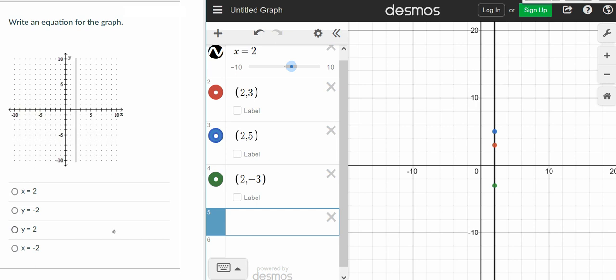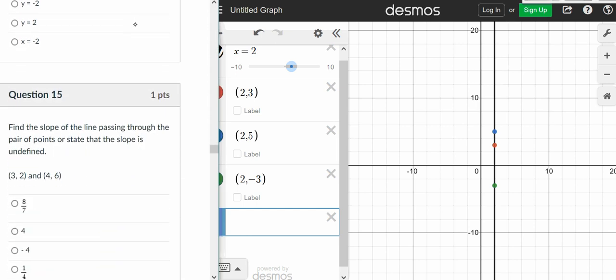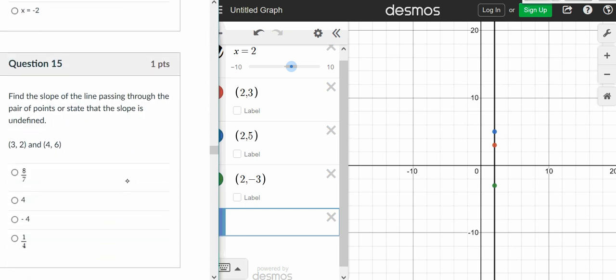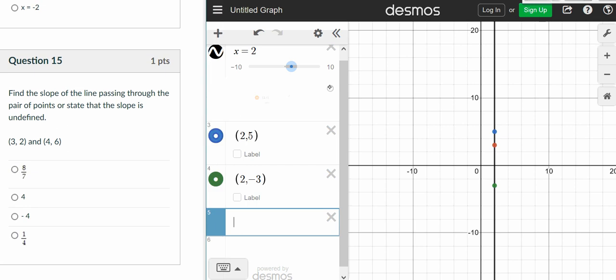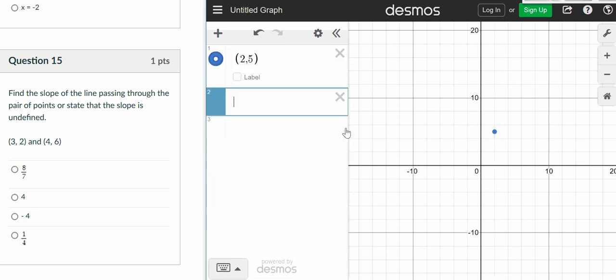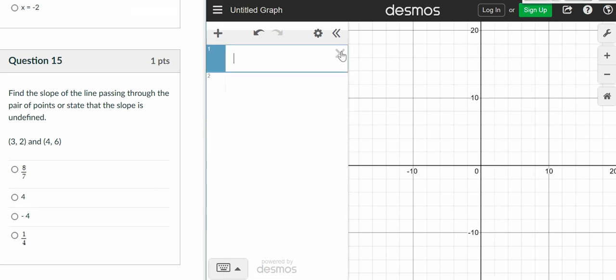Now, question 15. Question 15 is about slope. What's the meaning for the slope? Let's first locate these 2 points. 3, 2, right here. We have 3, 2. That's right here.